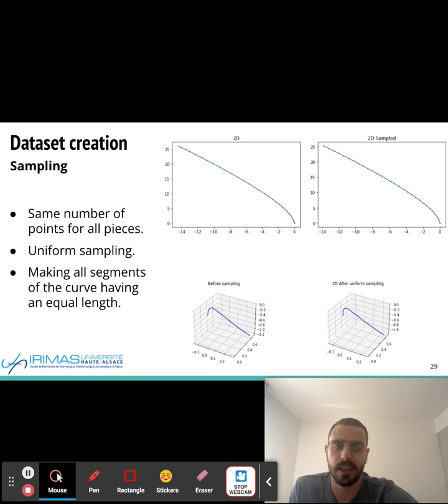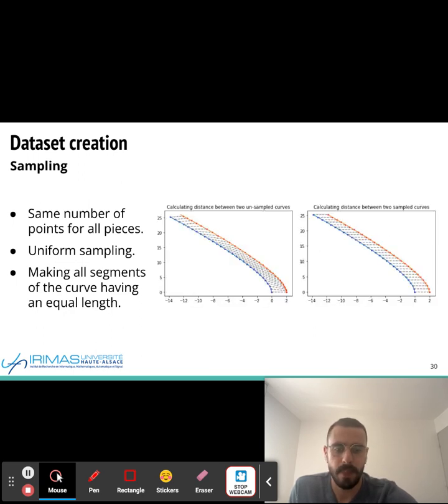This ensures that the distance between any two consecutive points is equal in both, which enables a fair comparison. So, for instance, if we calculate the distance between the red and orange curve based on the sampling of these two curves, the result will not be as significant as if we calculate the distance based on this sampling here.